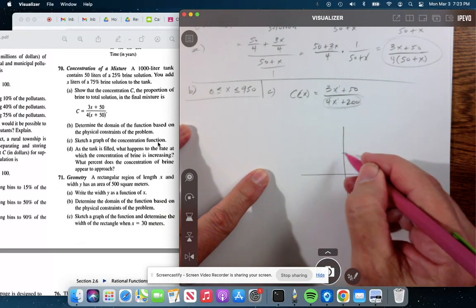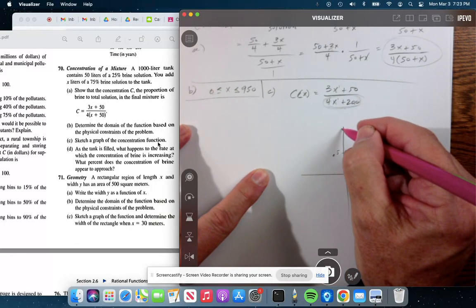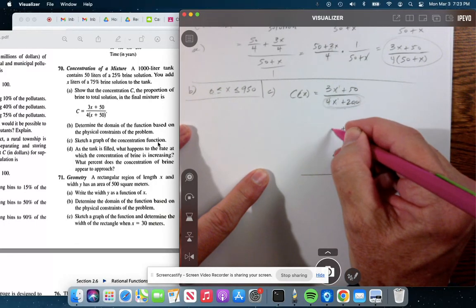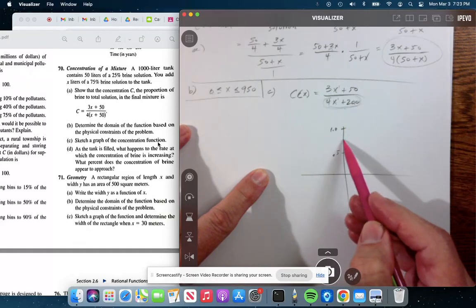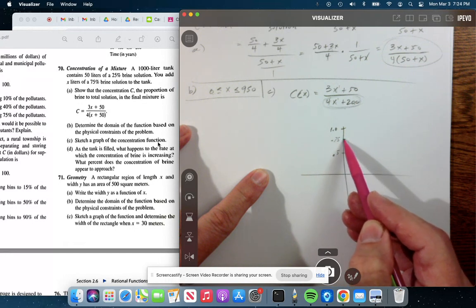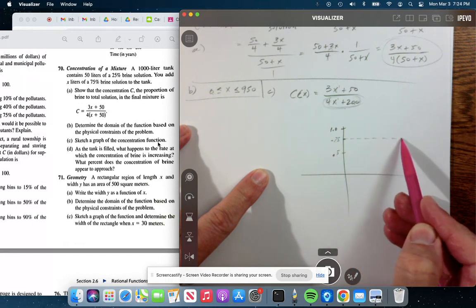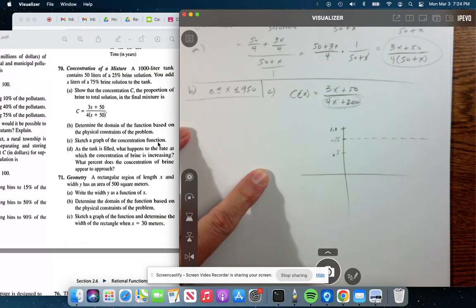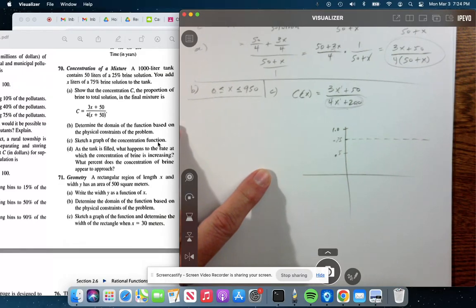So I know when I draw my graph, if this is like 50% solution, this is 100% solution, then 3/4 is 0.75, right? So that means at 0.75, there's like a ceiling here. The solution can't go higher than that.